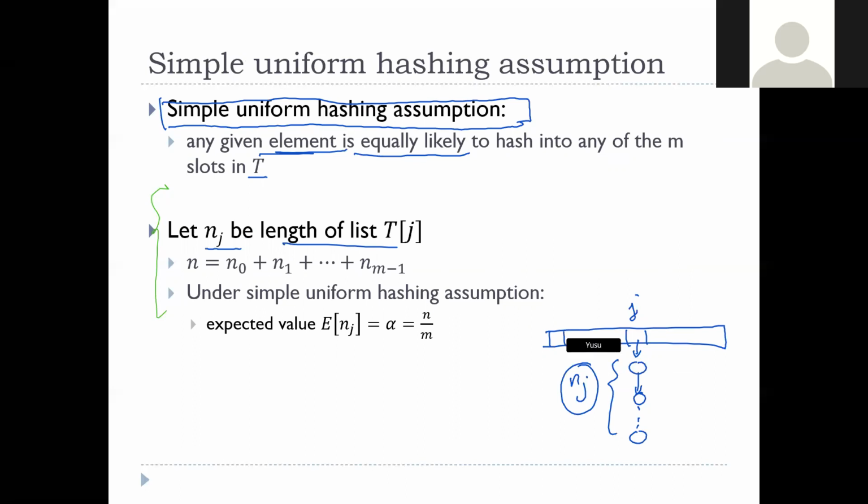Since every element can go to each slot equally likely, no slot will receive any special treatment. So in expectation, every slot would receive the same number of elements, which is n over m. Under the simple uniform hashing assumption, we basically achieve the best case: the number of elements hashed to each hash table entry is proportional to the load factor, the best that you can have.